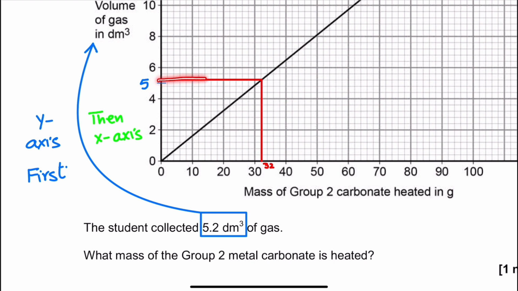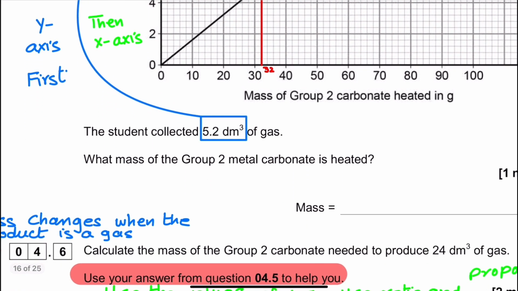We draw a straight line from the y-axis to this line, and from there a straight line down to about 32. So my answer is, for 5.2 dm cube of the gas, the mass of the group 2 carbonate heated is 32 grams.